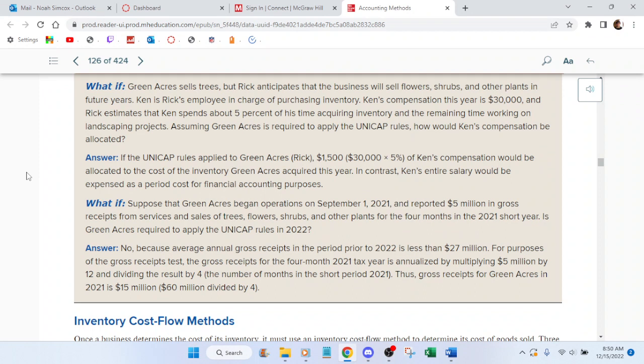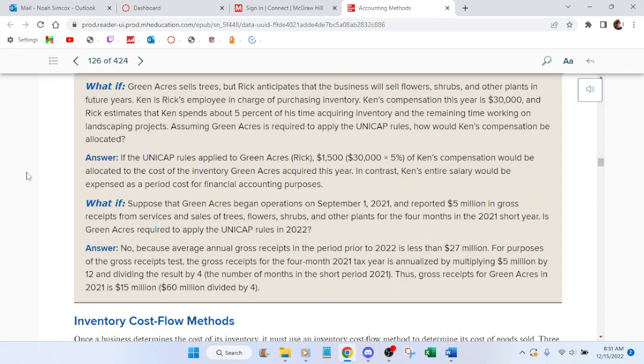So 5 million, but it has to be annualized.